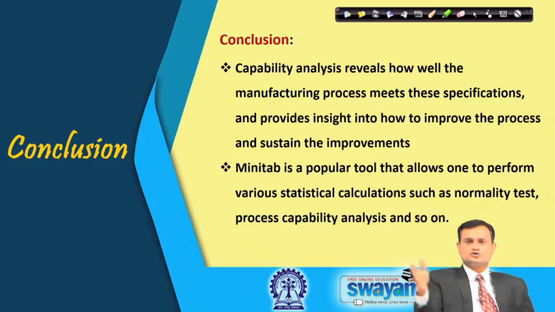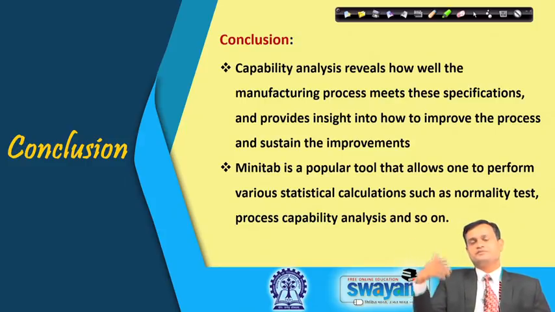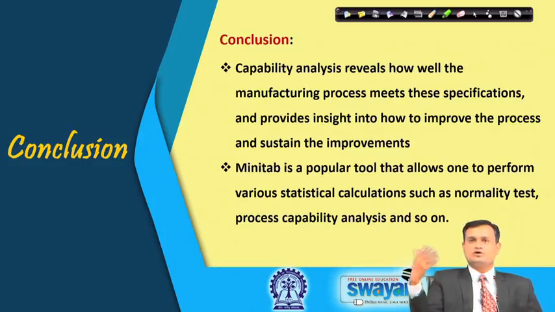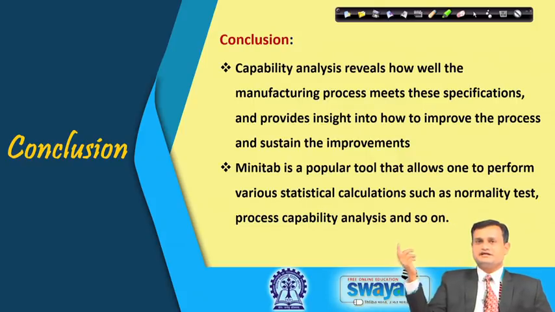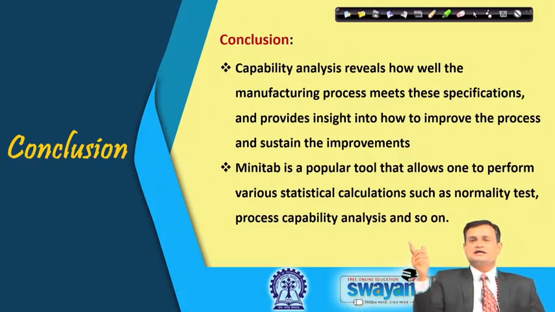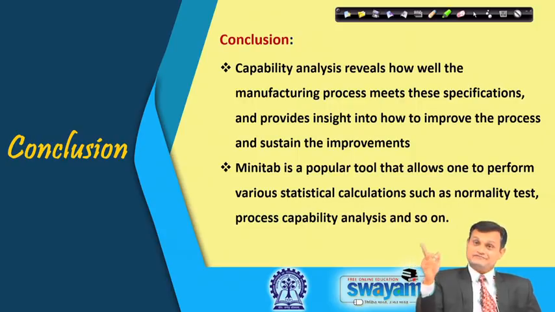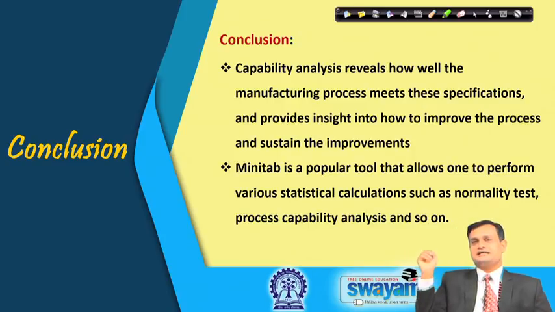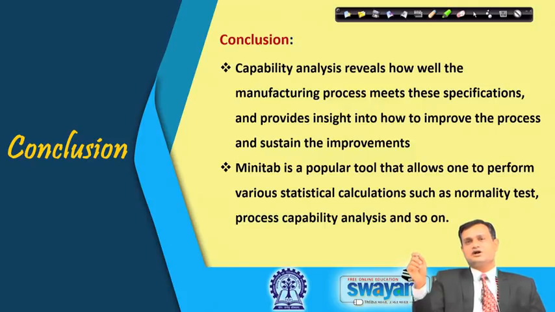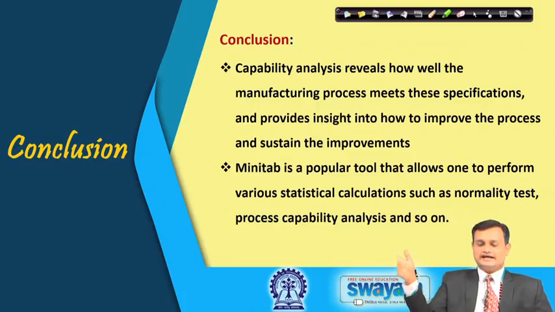So, conclusions about the capability analysis: we have devoted almost 3 lectures to process capability analysis, because a bad system will beat the right person every time. So, I must check whether my process is capable or not, and if not, first correct the process and improve the capability instead of putting your effort or taking action in the wrong direction.